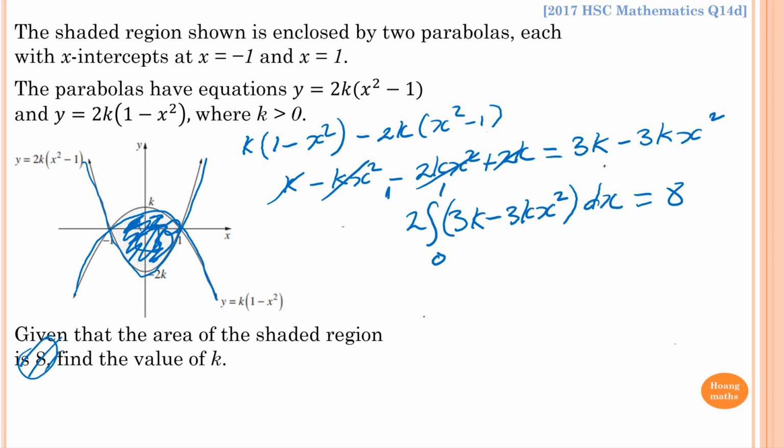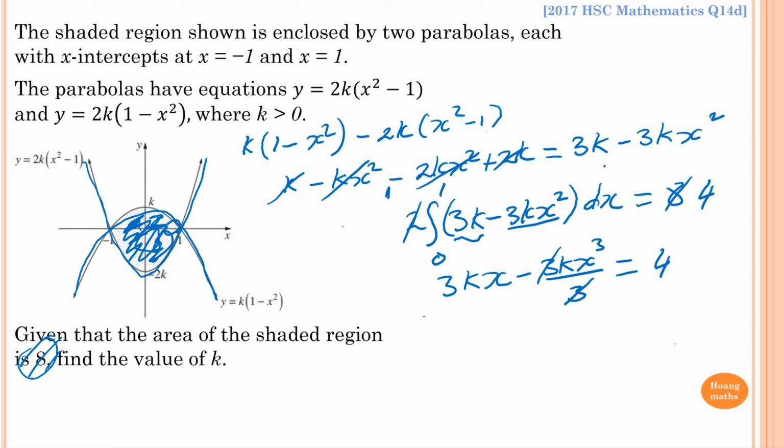So now I can just divide by 2 both sides, just to simplify, makes it easier. So it's 4. So now I can just do the integration bit, so the integral of 3k gives me 3kx, and integrate this bit, 3kx squared becomes minus 3k x power 3 divided by 3. So the answer is 4.